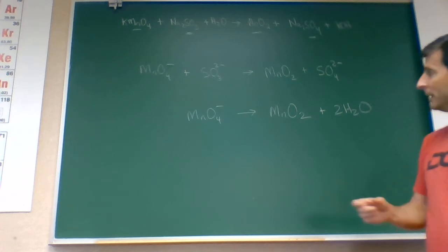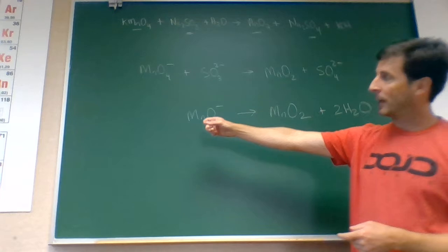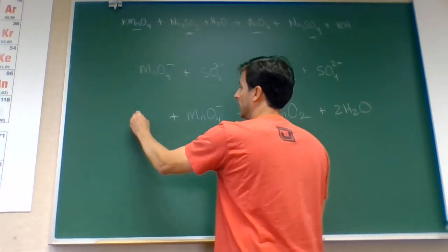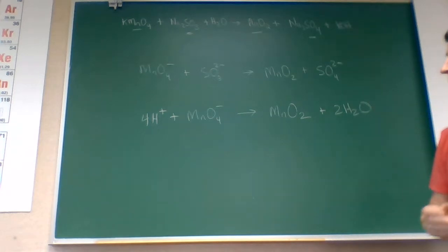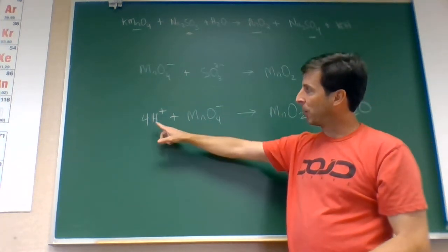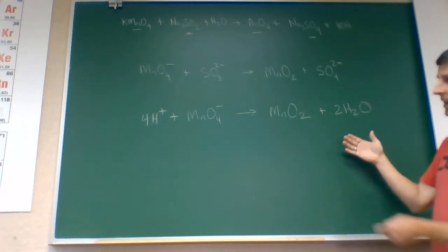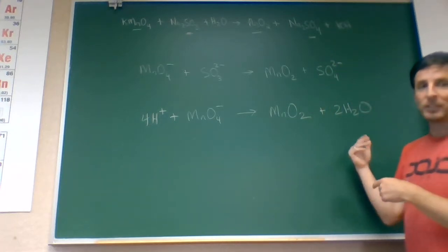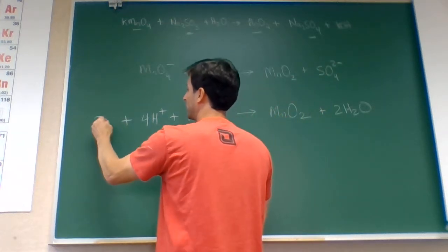Balance hydrogen, I have 4 hydrogens on this side, so I need 4 over here. And then balance charge, on the left I have +4 minus 1, so a +3. On this side I don't have any charge. I'm going to add the electrons to the high side and bring it down, so 3 electrons.